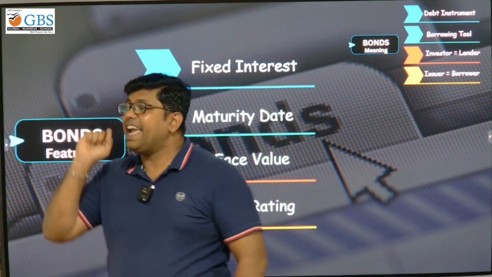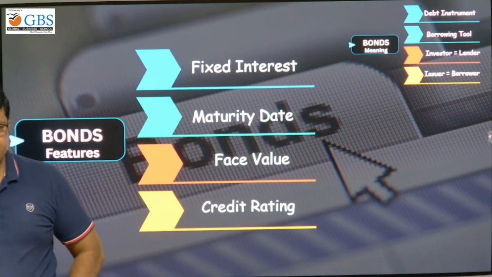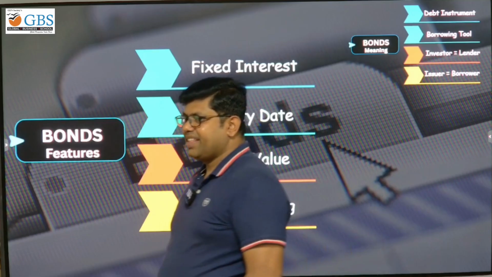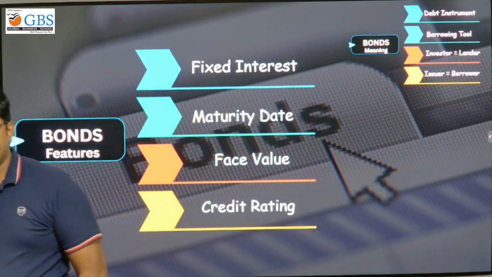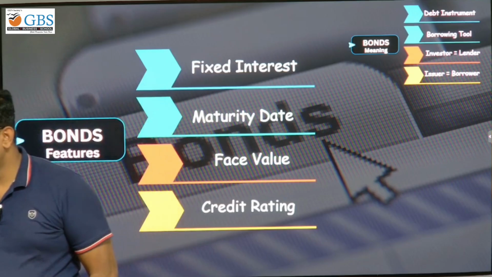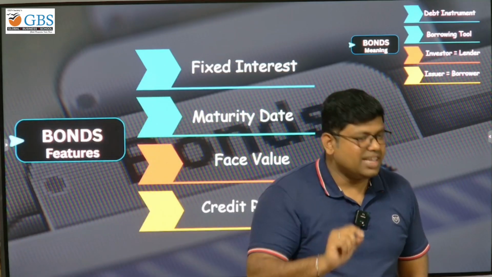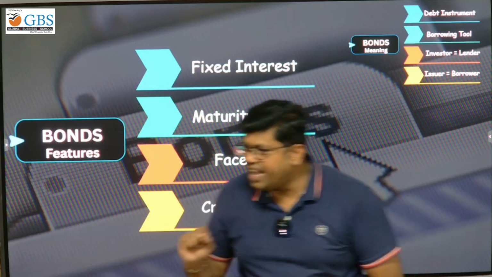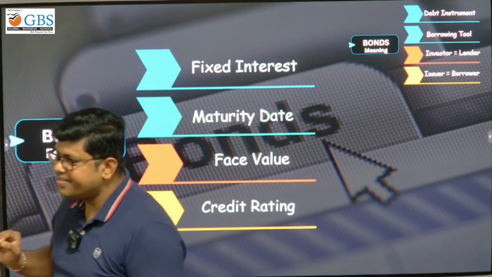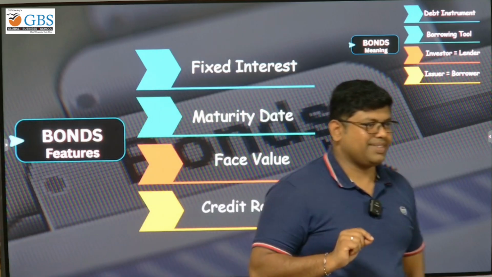Now credit ranking agencies. Type in Google credit ranking agencies. CRISIL. Then ICRA. CRISIL full form. Full form of CRISIL, Credit Rating Information Service of India Limited.